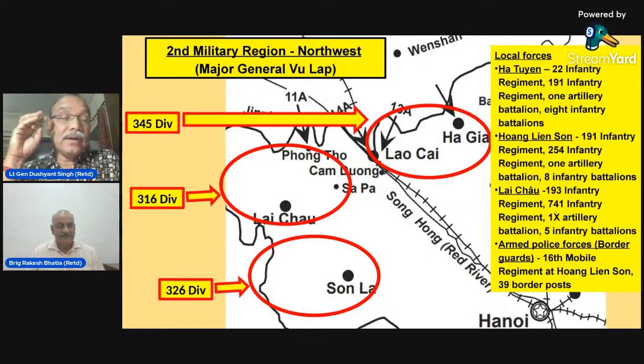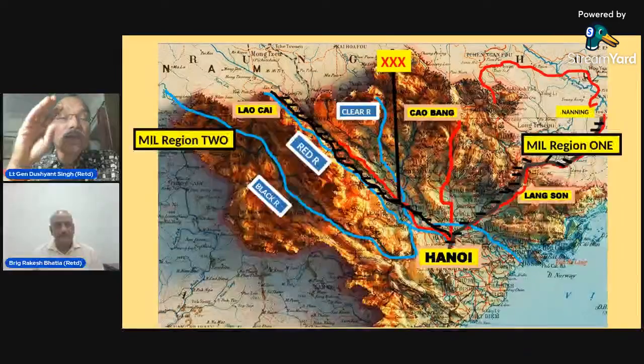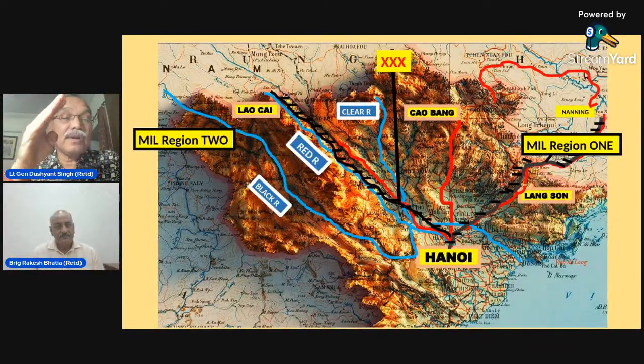What you need to understand about images are major things, landmarks. First would be landmarks of communications, second would be landmarks of features, hills, valleys. When you know that you're talking about the Red River, it has rail also, it has road also. The three important places around it are Son La.